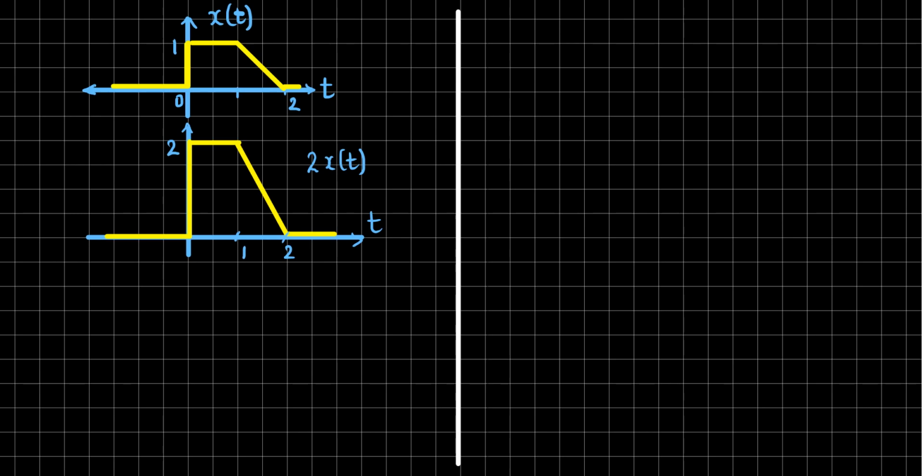So this 2 times x of t indicates that the new signal is the same signal as x of t, just scaled by a factor of 2. Now the scaling factor can be less than 1. In that case, the signal will attenuate. So this operation, we may say, is an amplification operation.